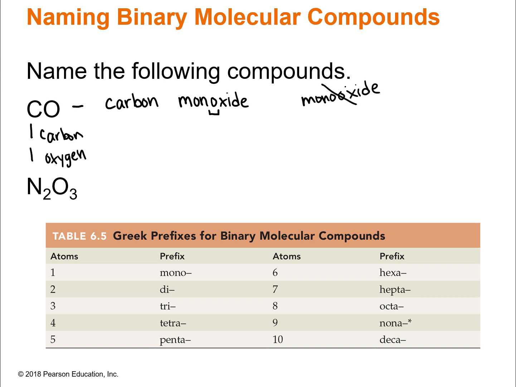That's wrong, 2 O's next to each other. That just looks strange to me, but you just don't do it. So if you have mono along with oxide, you just have 1 O. So that's carbon monoxide. Try to name this second one.